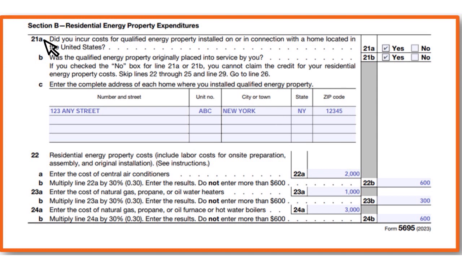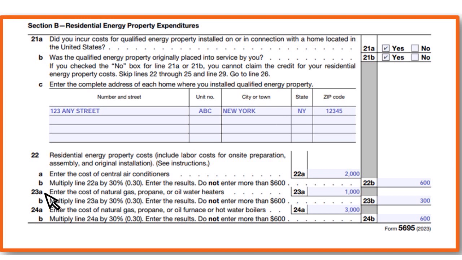So here we put the number and the street, the unit number, the city or town, the zip, and the state to qualify. Then on 22A, you put the right amount. On 22B, put the right amount depending on the 30% the IRS wants you to multiply the number by.